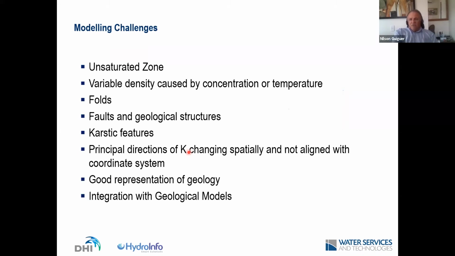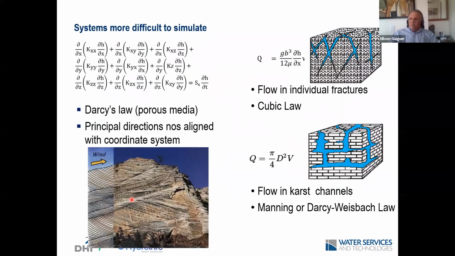If you have individual faults that you want to represent, if you are in a karstic zone, if you have a complex geology and you want to have a highly accurate representation, and if you want to integrate with a geological model package, then those are things that FEFLOW can offer you, because those are systems more difficult to simulate.